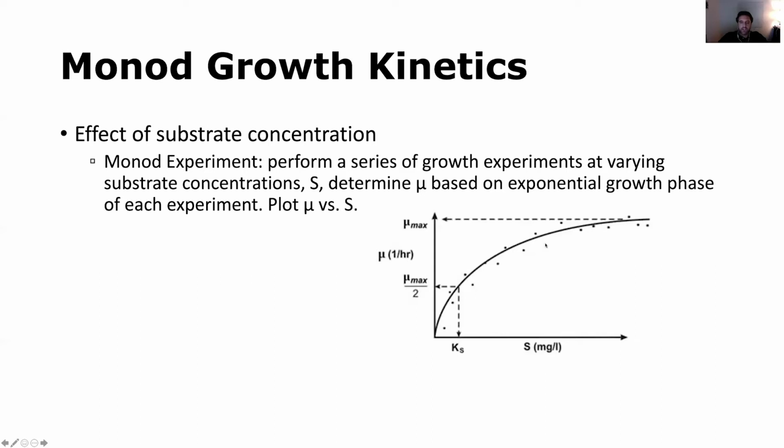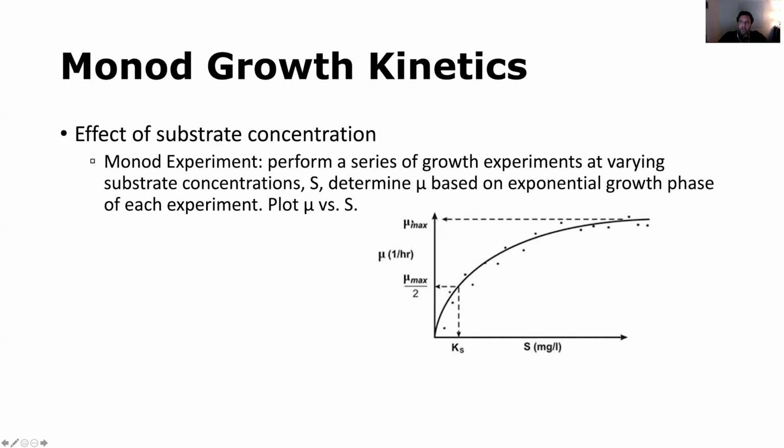It's an empirical equation. Again, the growth rate is maxing out at a value of mu max, or in some cases the notation mu hat is used, and that occurs as the substrate concentration approaches infinity.